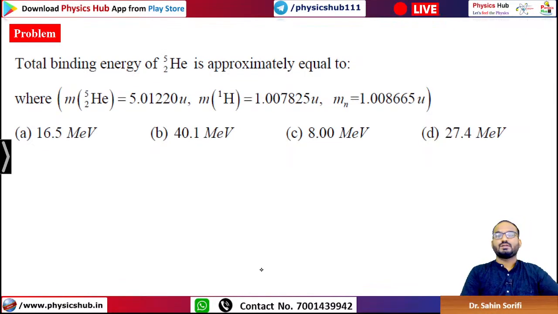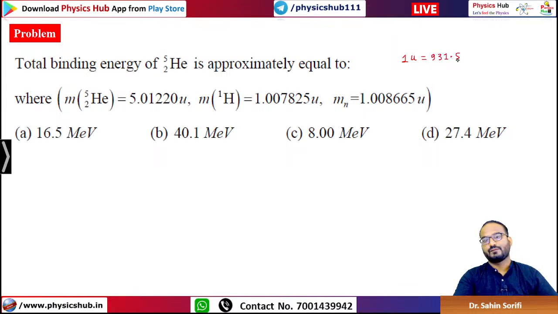The total binding energy of the 2He5 nucleus is approximately equal to, with the mass of the nucleus given in terms of U. What is U? 1 U is equal to 931.5 MeV per c square. So this is the unit of mass, MeV per c square.